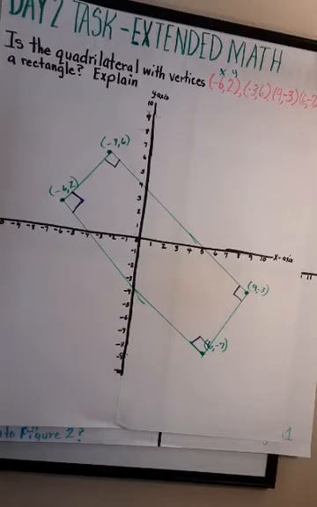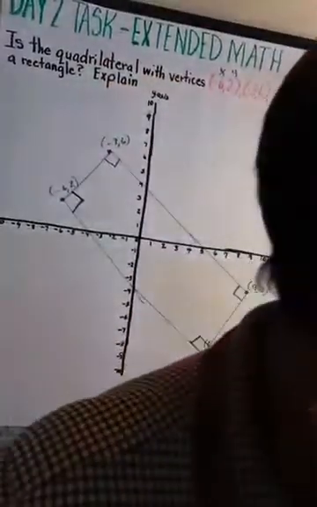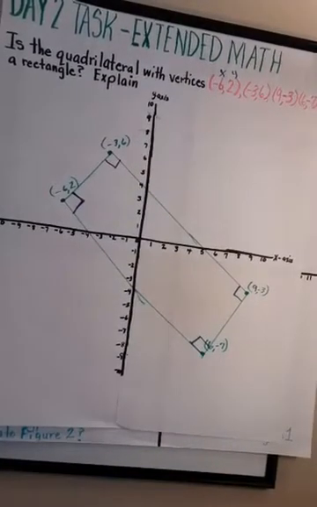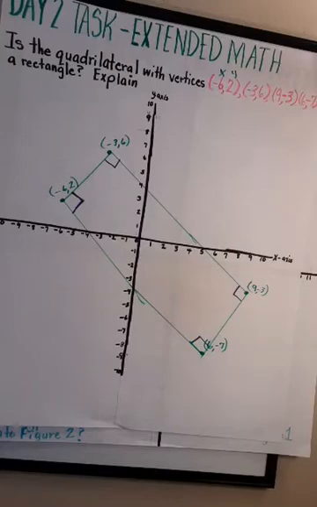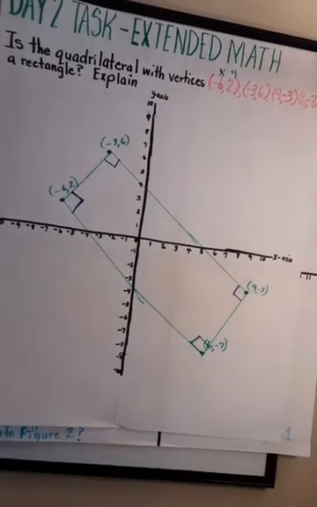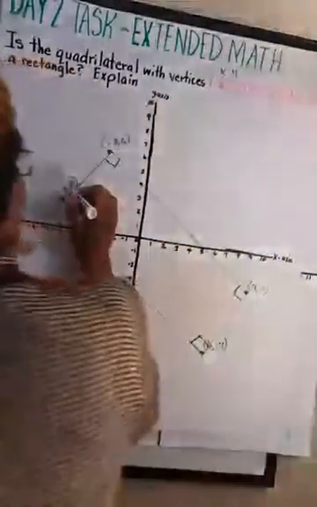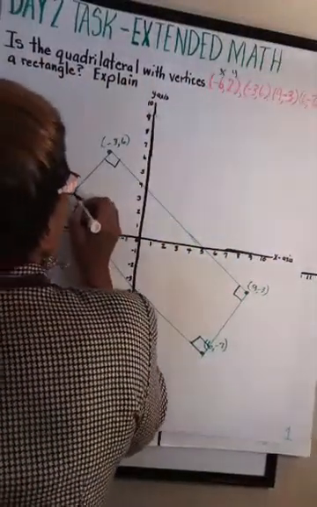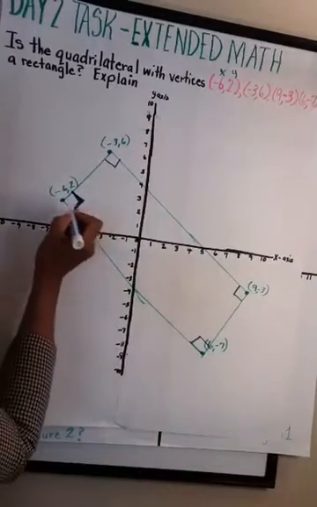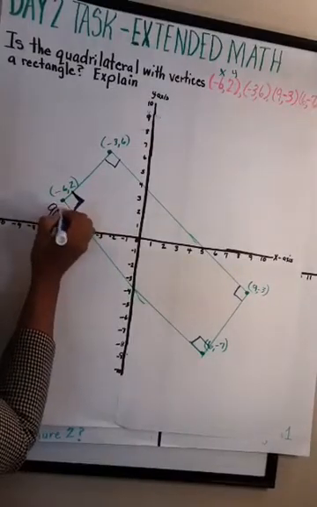How many degrees do we have here? That right angle is what? How many degrees? 90. Thank you. 90 degrees. Good job. So, we know that it is 90 degrees.